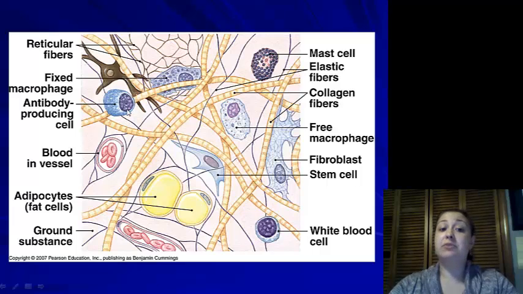We have an antibody producing cell, a blood vessel. We have adipose tissues, which is our adipocyte, our ground state, which surrounds all of this. We have a white blood cell, such as a leukocyte. We have a stem cell, a fibroblast, a free macrophage that can roam, collagen fibers, elastin fibers, and mast cells.